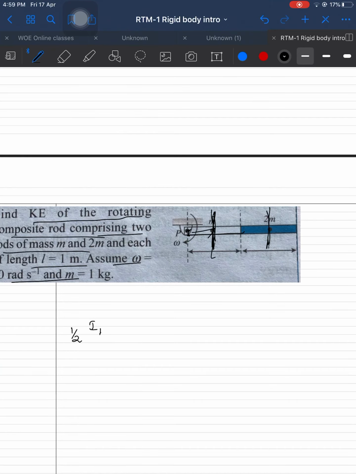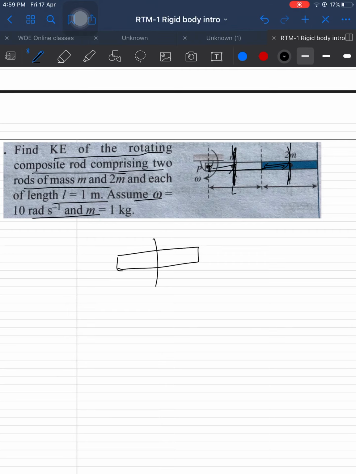I am doing the first rod first. For the first rod about the end, we can directly use m L square by 3. It is better to write the I values first. I of the first rod is m L square by 3.